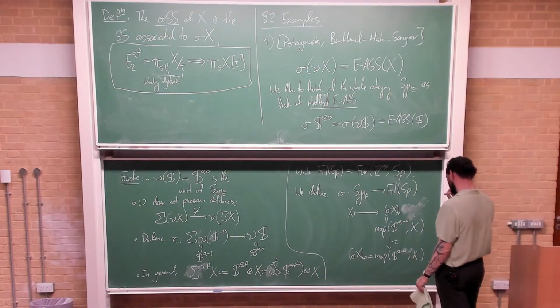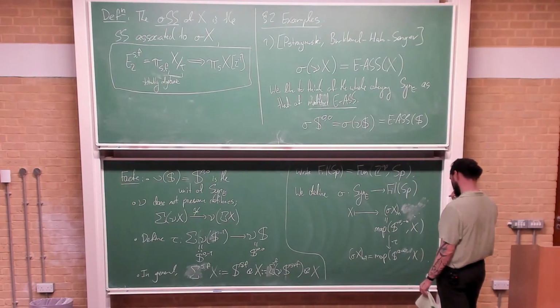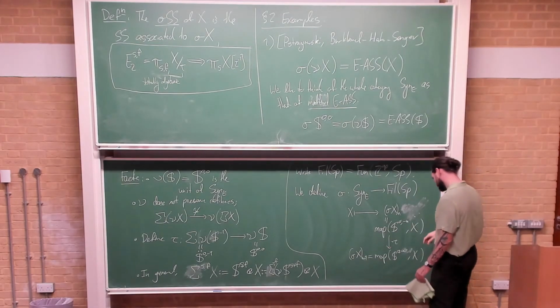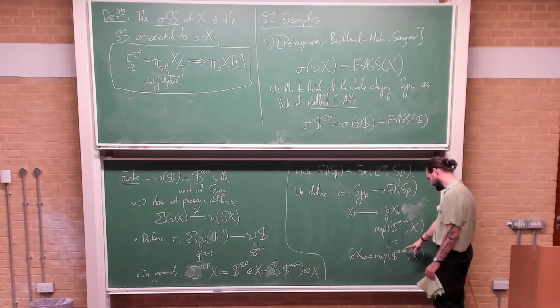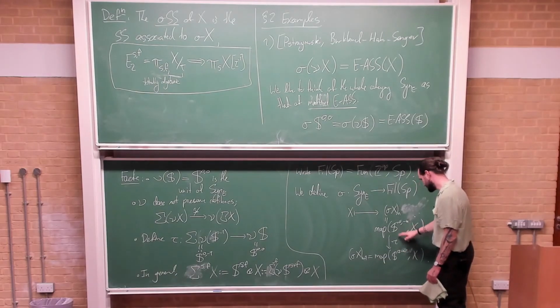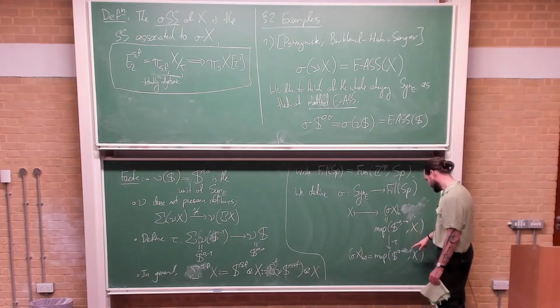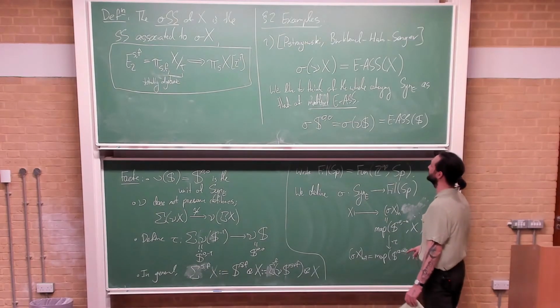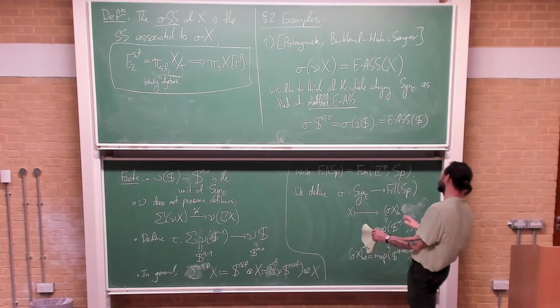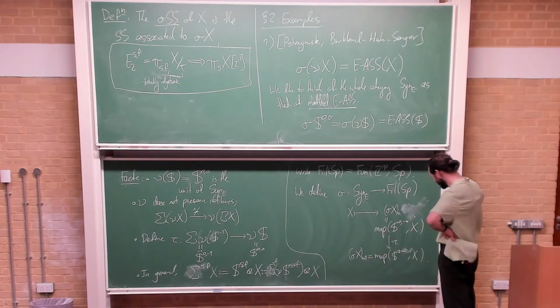Your map to this sigma xn, you're mapping from S naught comma n, or you're tensoring with S naught comma n in the target. I think the map is going in this direction. It increases the second index by 1, so you're mapping out of it.